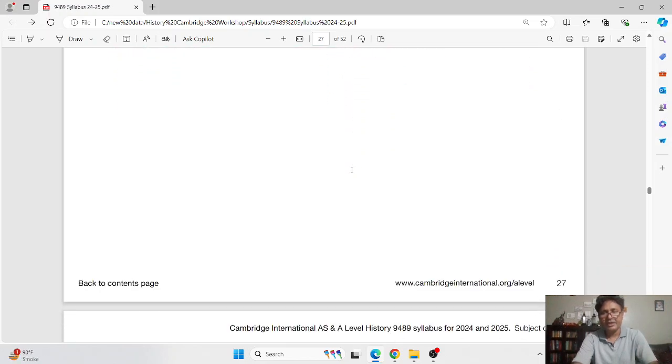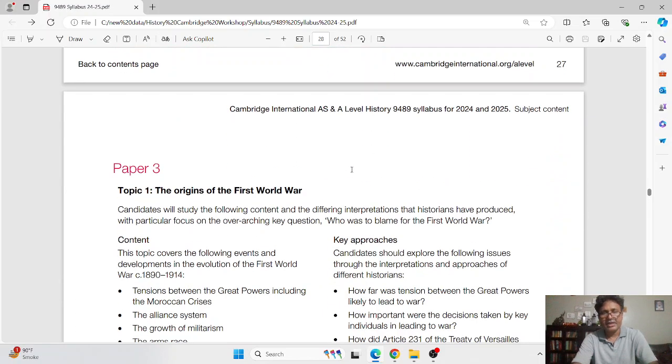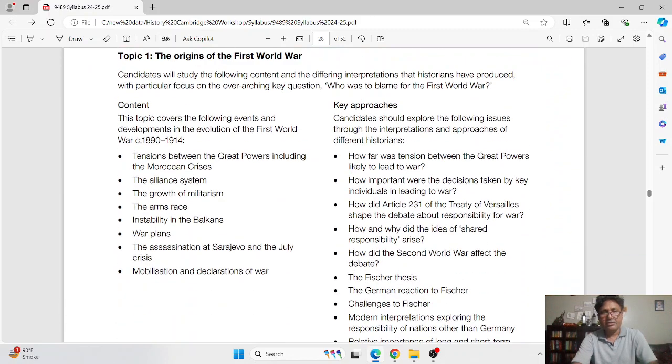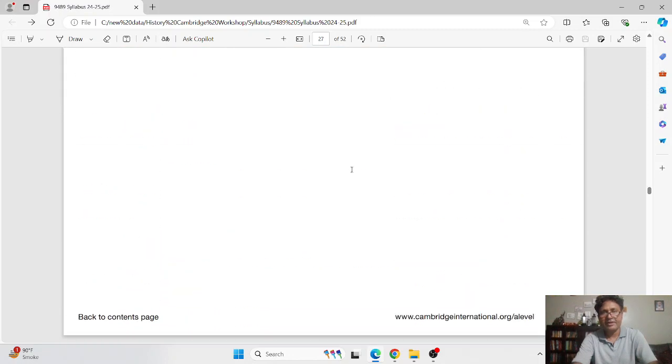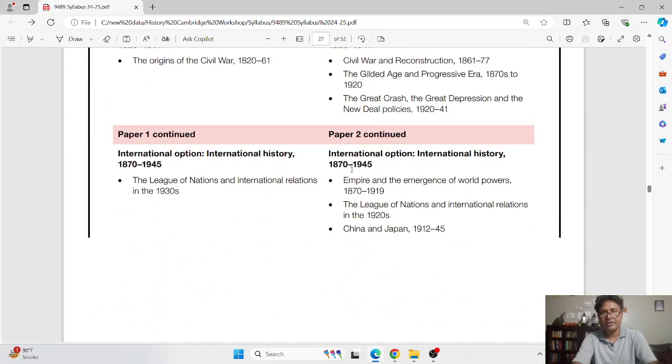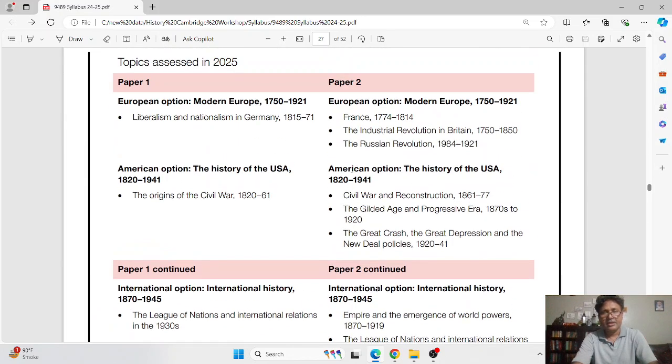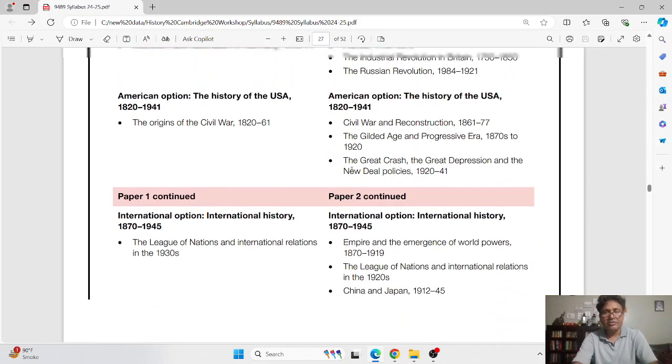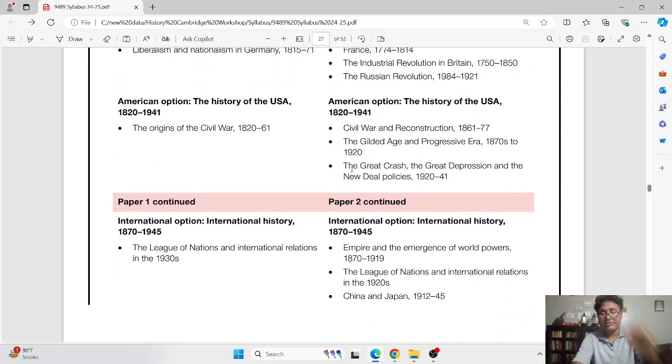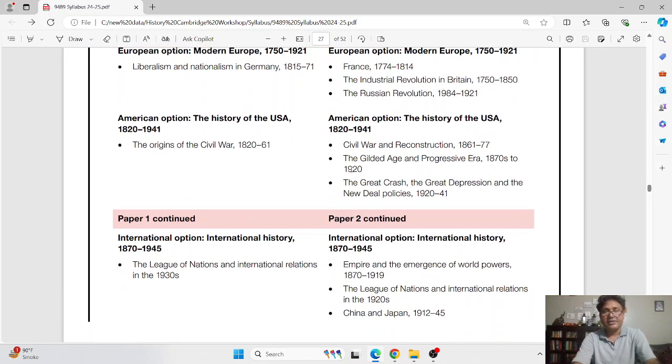So this will be the syllabus for 2025. So hopefully you have developed some level of understanding of the syllabus. In the next session, I will try to discuss the paper format.